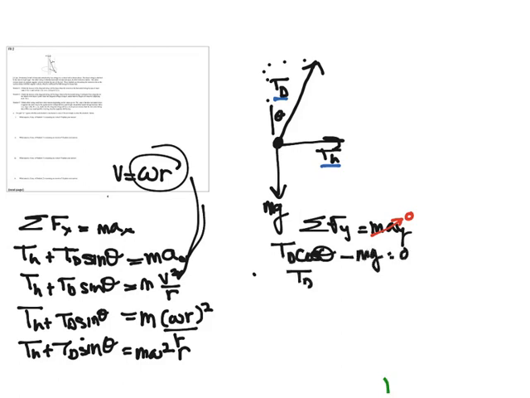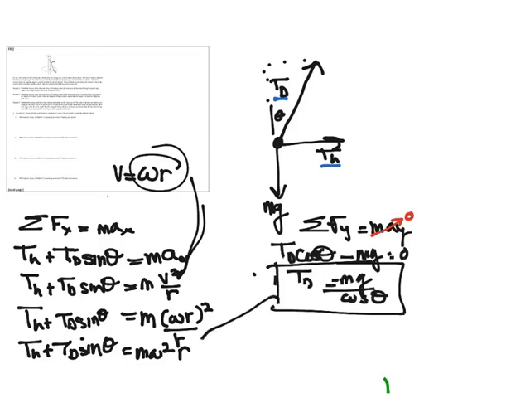So I'm going to add mg to both sides, TD cosine theta equals mg. I'm going to divide by cosine theta, and so TD is equal to mg over cosine theta. I can hang on to this expression, but I can also use it over here to solve for TH.